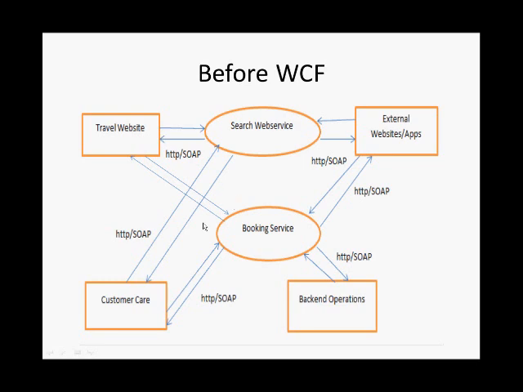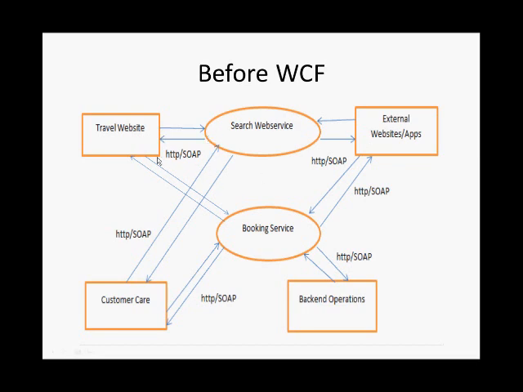So what performance will I get for my customer care and backend operations if they also work using HTTP SOAP? My performance will be equal to the external websites which are sitting in other external networks.